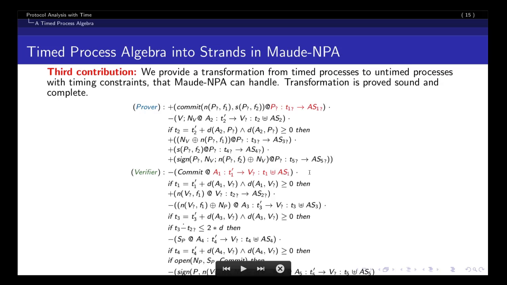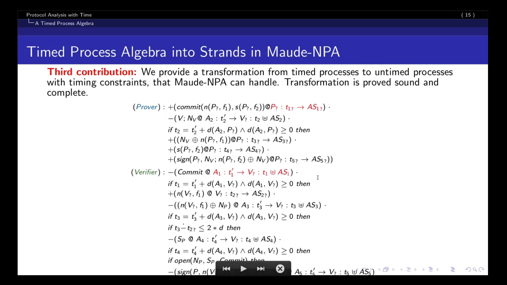If we go to the verifier strand, the first message is the commitment again, but this time it is the received message. In the sender information, we have someone that sent this message at the time t1 prime, and in the right part we have the verifier who received the message at the time t1, plus we again have the variable that represents a set of receivers.